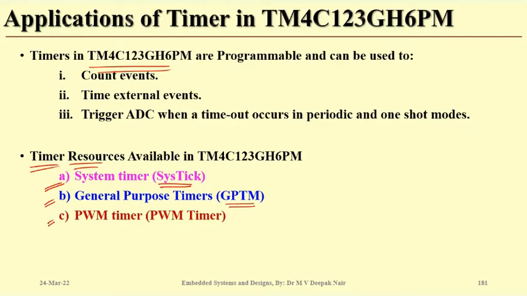And then the third is the PWM timer. So these are the three different timers available in our microcontroller. If you are working with any other microcontroller, you may find other timers also. But in this case, we have three types of timer: SysTick, GPTM, and the PWM timer.